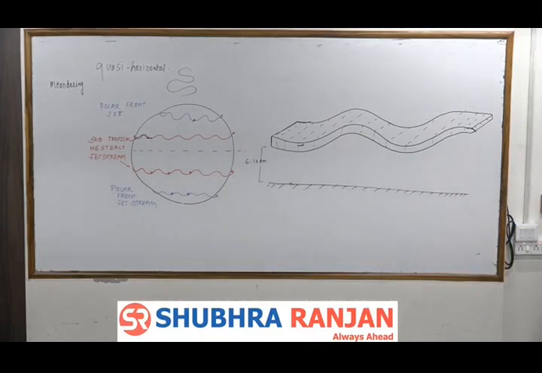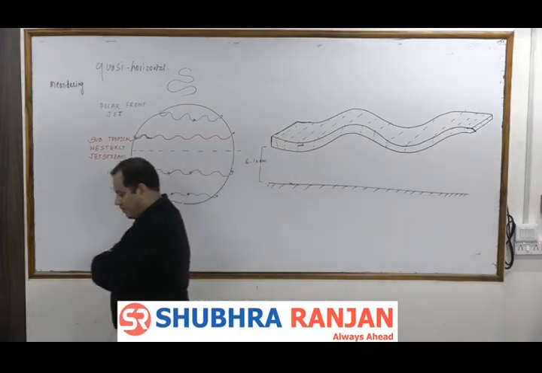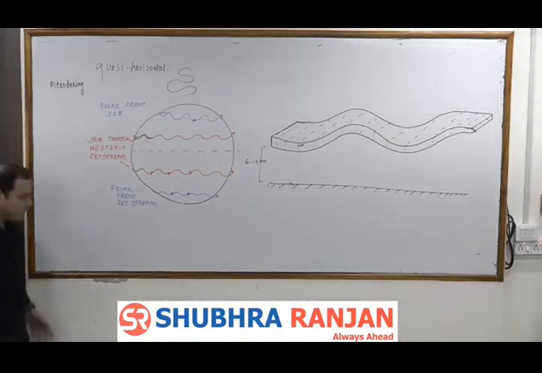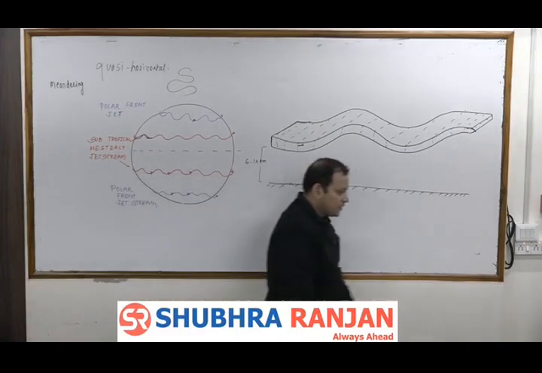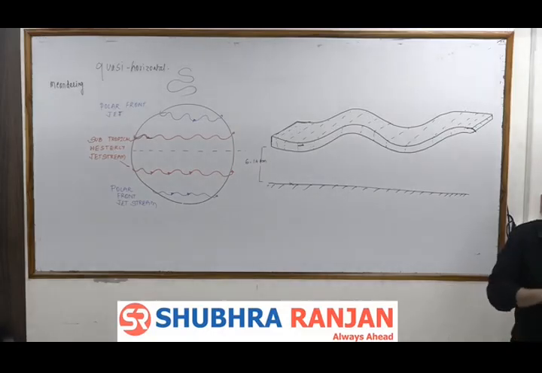A fully developed jet stream flows in a meandering manner. जीएस में नहीं है, इसलिए अगर किसी जीएस के नोट्स में है index cycle of a jet stream, don't do it.